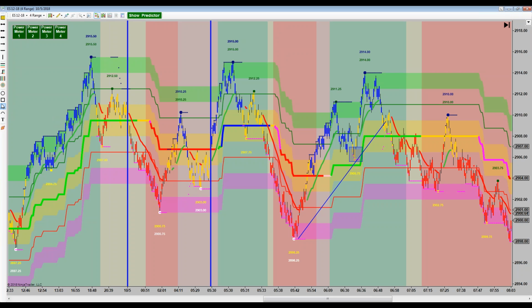Now, we come back and we consolidate here. So as of this point, the swings are defined as such. Here and here. These are all a series of swings, yes?